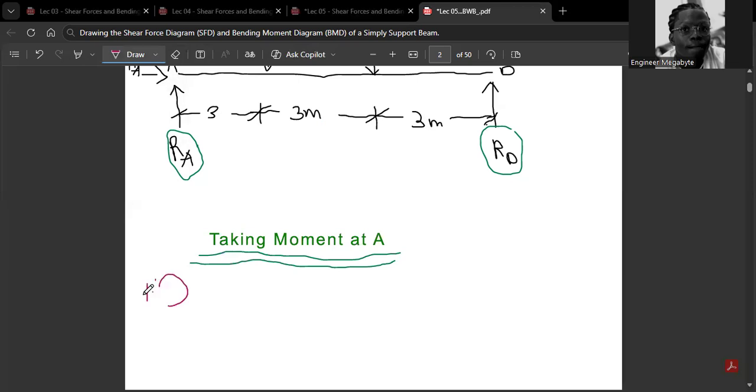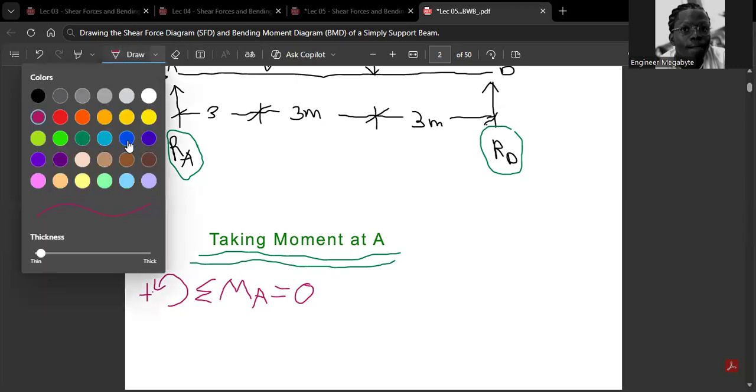As simple as that. Better still, in this case, we are doing moments. So we say that the sum of all moments about A should be equal to 0. So that is the rule. From here, we can proceed.